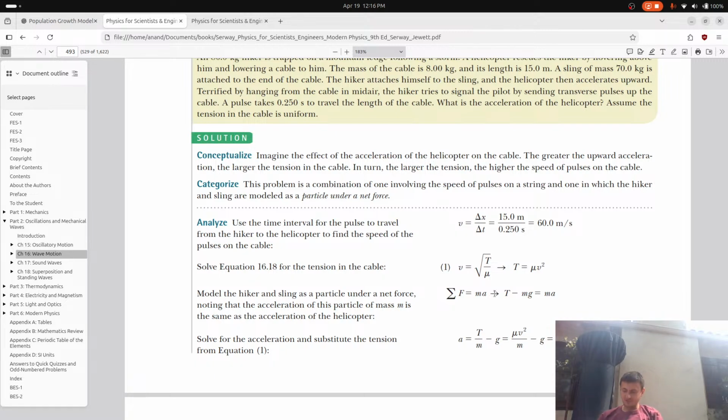So there's two forces on here. We have the tension force and we have the weight. So tension minus weight is equal to F net, which is equal to the mass times the acceleration of the body.